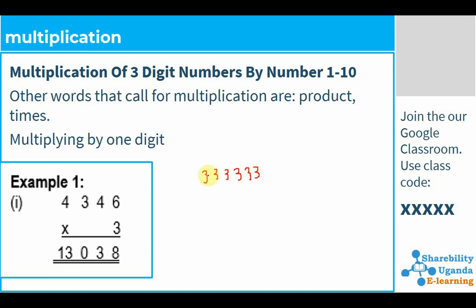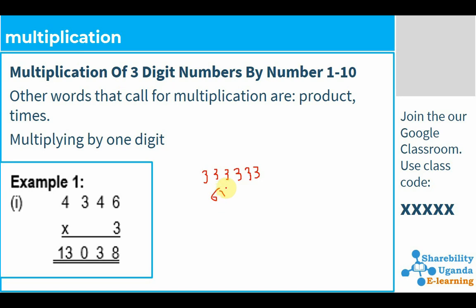So how do we get the answer from here? We just add. We say 3 plus 3, 6, plus 3, 9, plus 3, 12, plus 3, 15, plus 3, 18.